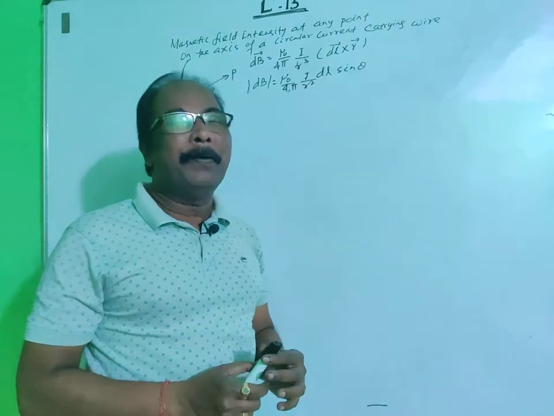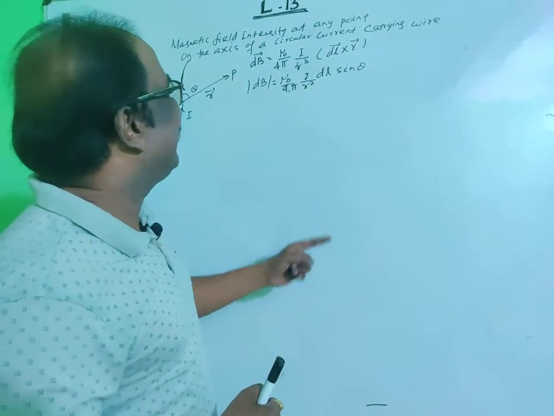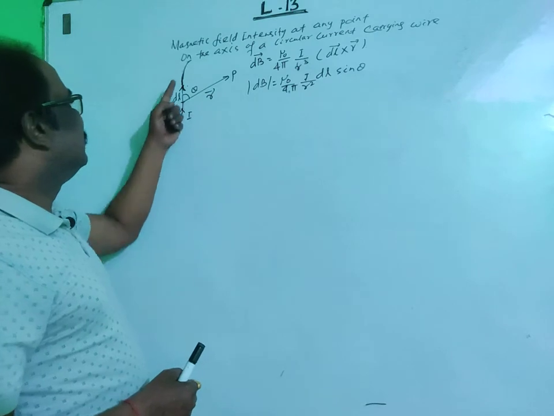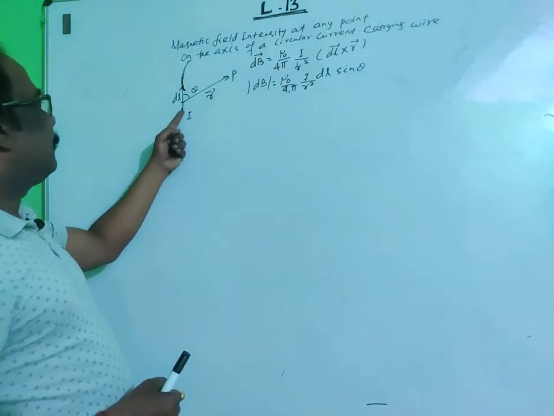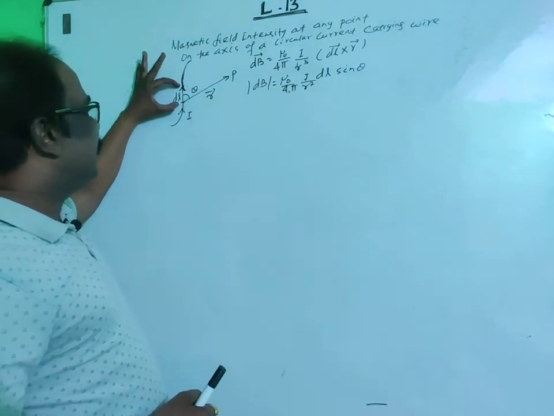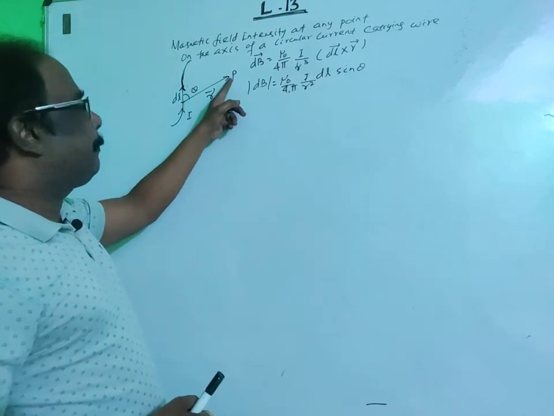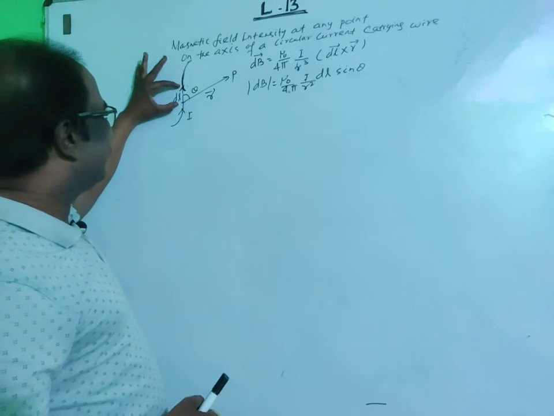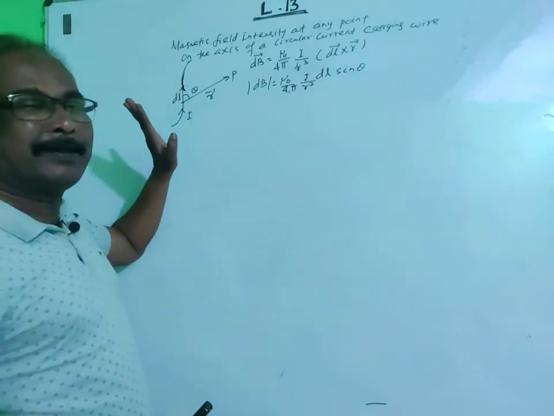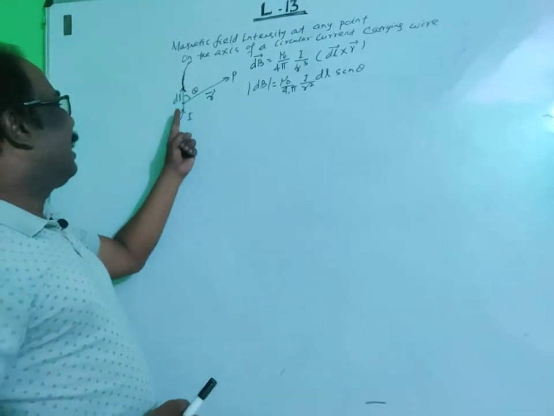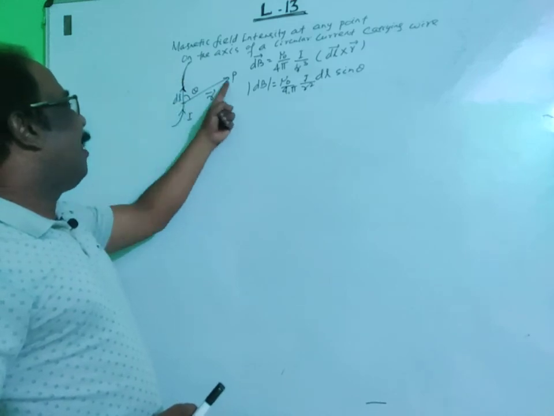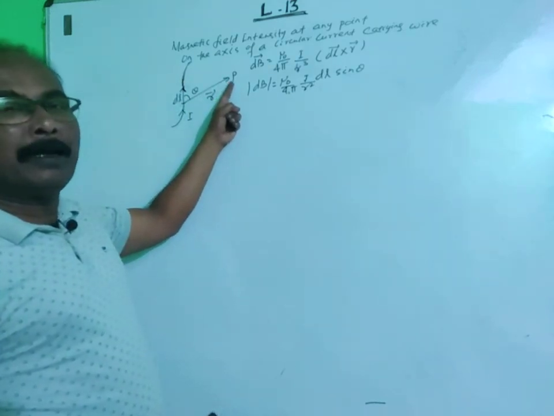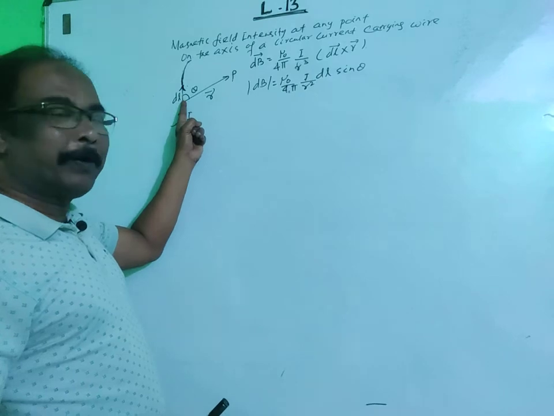Before going to the discussion, let's again recall Biot-Savart's law. This is a conductor of any shape. dl is the elemental length, and we have to find the magnetic field at P due to this elemental length of the conductor carrying current. r is the position vector of point P with respect to dl.